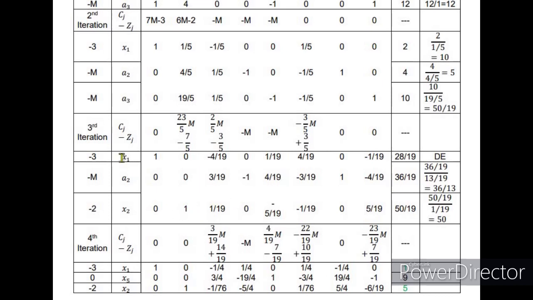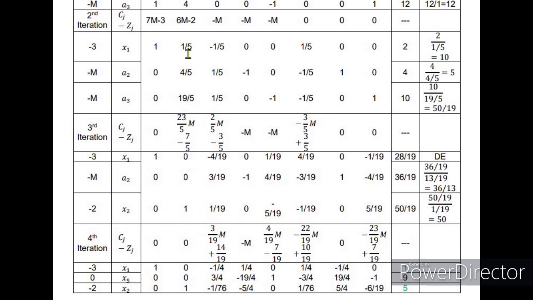Next, for x sub 1, what is the value for us to have an identity matrix? This element should be 0. So what is the value in the previous iteration? It is 1/5. We will use 1/5 here as our multiplier. Because 1 times 1/5 is 1/5.